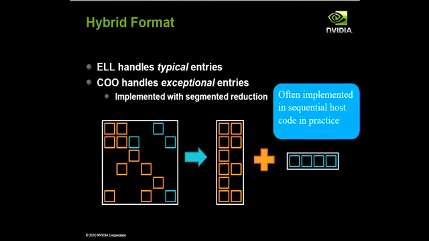Because the COO format gives us a tool to regularize the amount of padding, to control or tune down the amount of padding we need when we generate the ELL format. So essentially what we do is we take the original CSR format, and then we take the rows that have an excessively large number of non-zeros, such as Angelina Jolie.